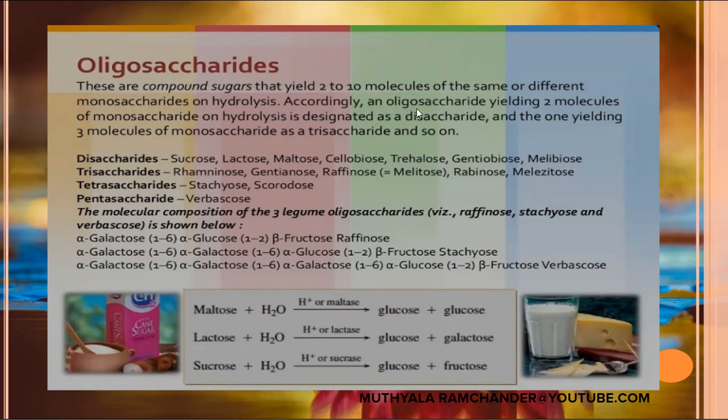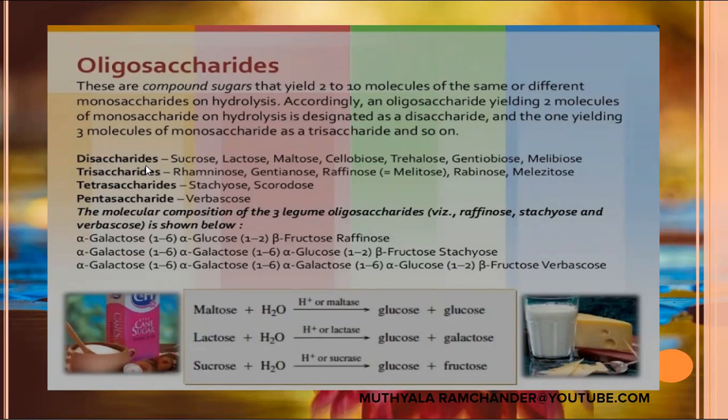Accordingly, an oligosaccharide that yields 2 molecules of monosaccharides on hydrolysis is designated a disaccharide, and one that yields 3 molecules of monosaccharides is called a trisaccharide, and so on: tetrasaccharides, pentasaccharides, up to decasaccharides.